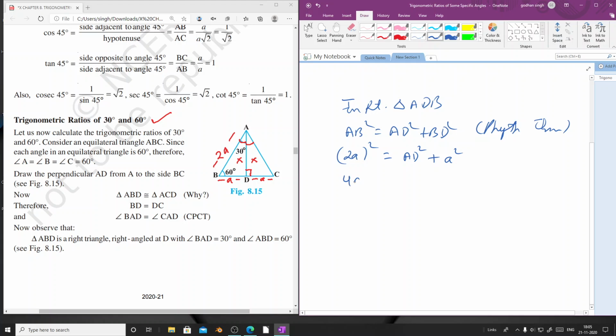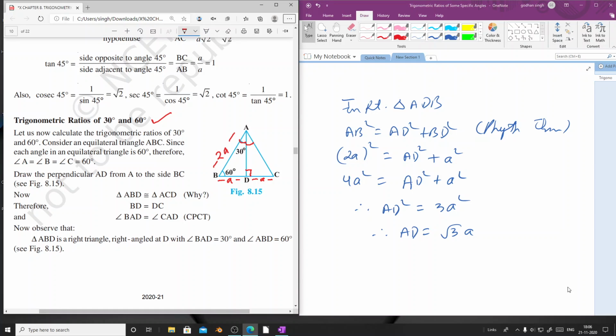Solving this, we will be getting 4A square equal to AD square plus A square. So this will give us, therefore, AD square equal to 4A square minus A square, that is 3A square, and taking the square root both sides, we will be getting AD equal to square root of 3 into A. So that is what we will be doing here. We will write in place of AD, we will write root 3A. So now let us write the value of AD as root 3A.